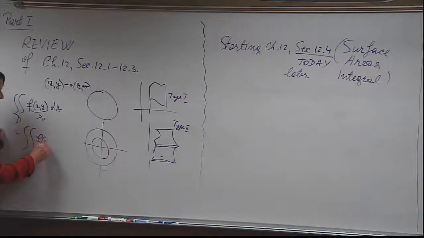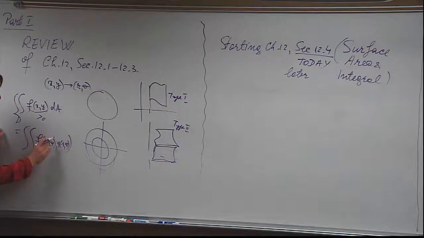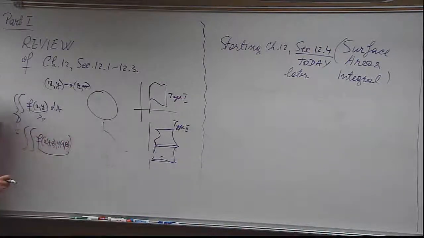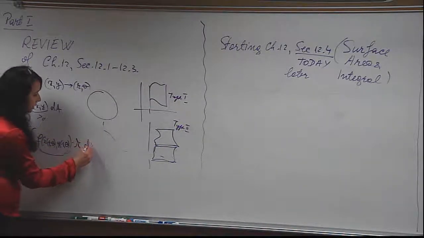Some f of x of r theta, y of r theta. I say theta, I put phi. It doesn't matter. Let me put theta if you prefer theta. A change of coordinates, a Jacobian, that was what? Do you guys remember that? R, very good, I'm proud of you, R, and then the dr, the d theta.